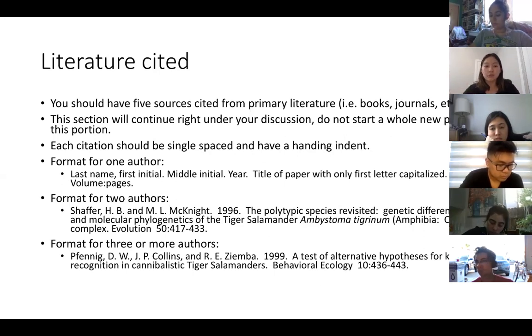Obviously you would for the actual literature cited, but for your in-text citation, it would just be Bobich et al. and then whatever year that paper was published. Et al. basically means their entire posse for the paper. So that's how you would do an in-text citation, and I've included the formats here for your literature cited, again depending on how many authors there were for the paper.